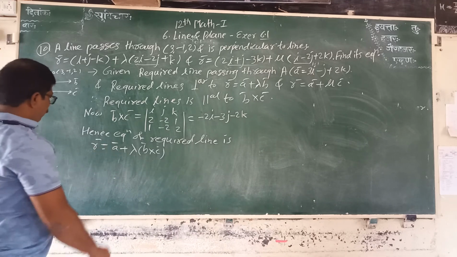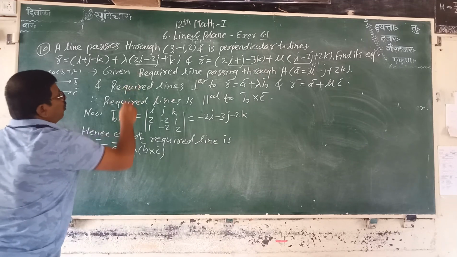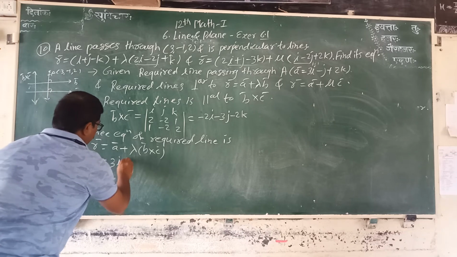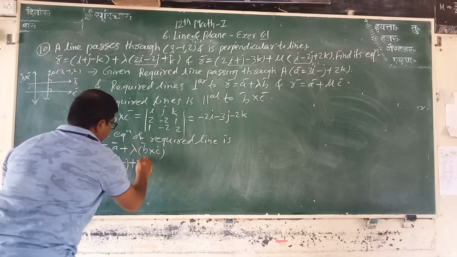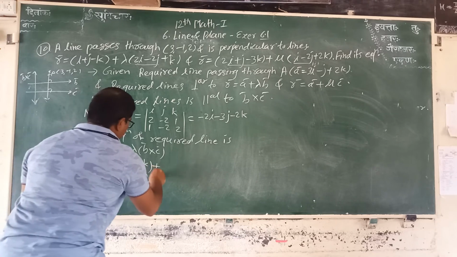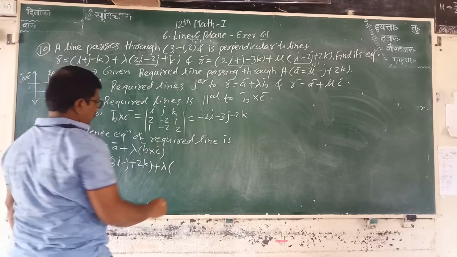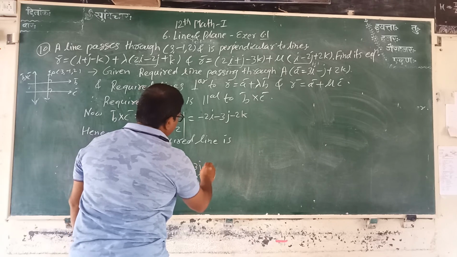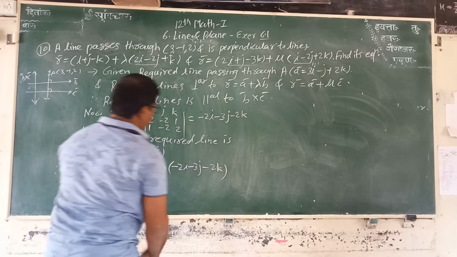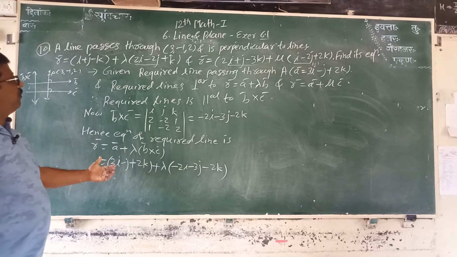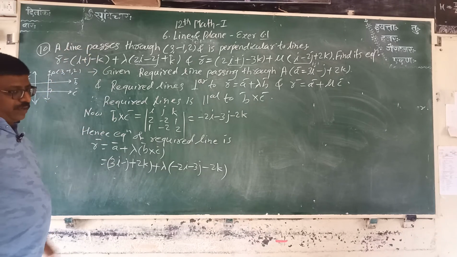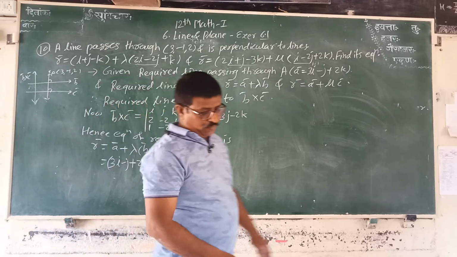Hence we put their values: r bar equal to 3 i cap minus j cap plus 2k cap plus lambda into minus 2i cap minus 3j cap minus 2k cap. This is the final answer, and the question is completed.